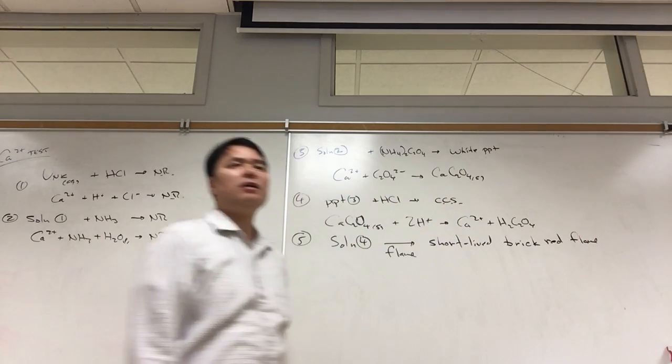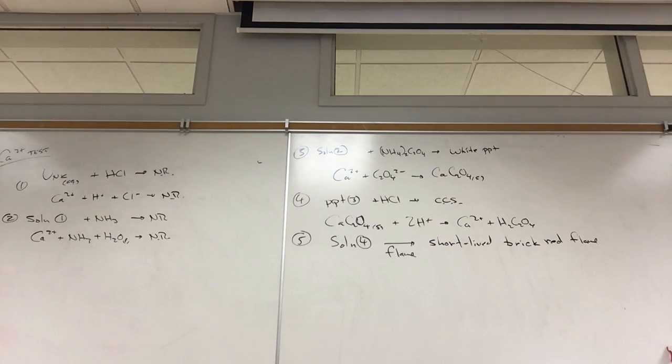This is the brick red color. That's it. You have to be very careful with contamination. If there's just a trace of sodium present, it's going to drown out the brick red color and you'll never see it. So we have to make sure that the platinum is very clean, that there's no color.